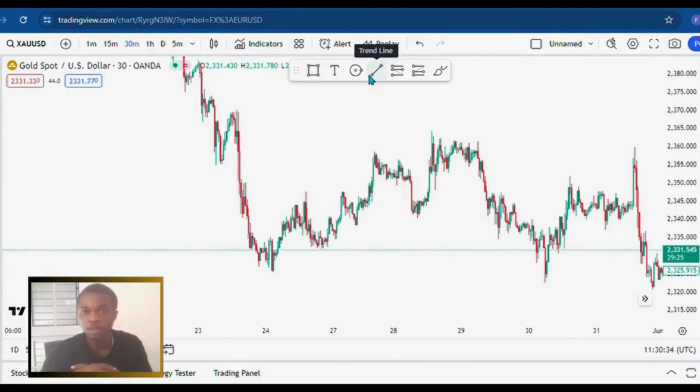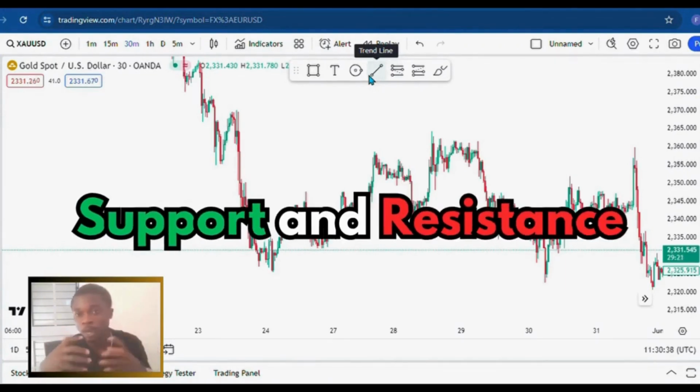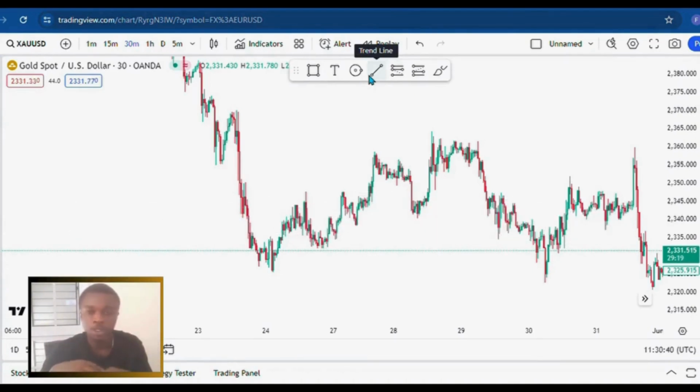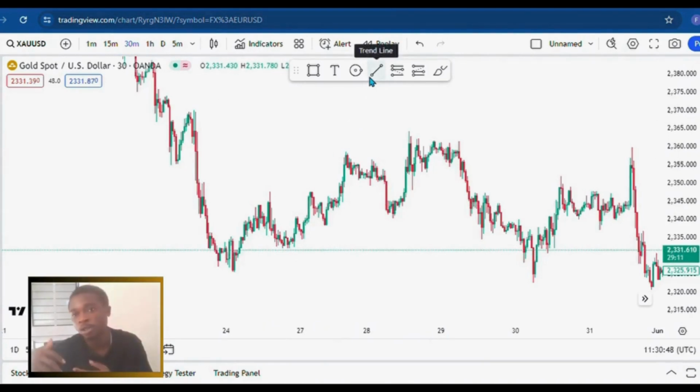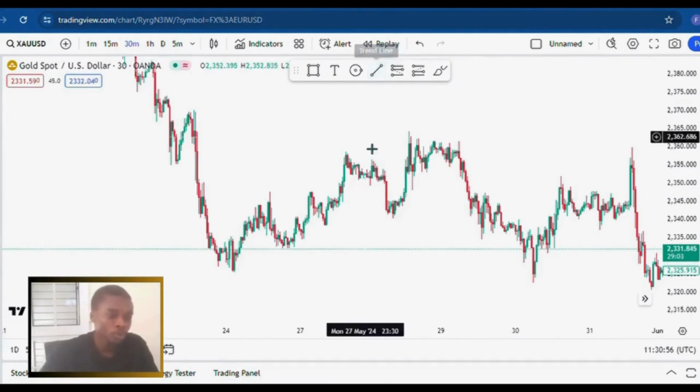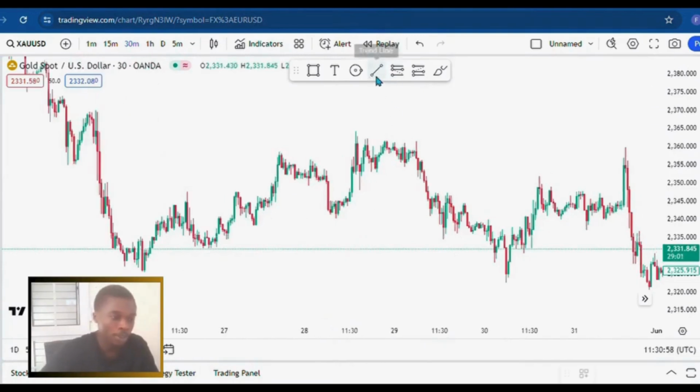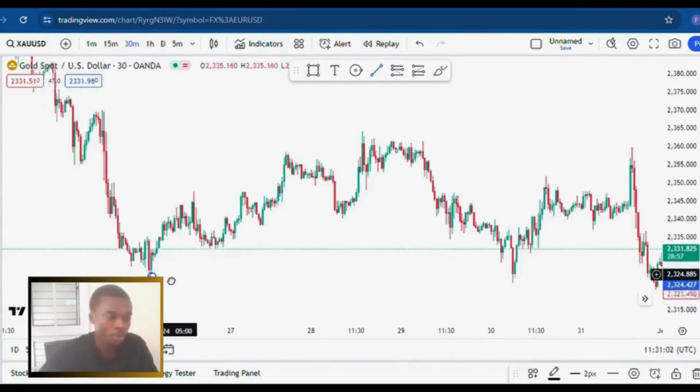So as a day trader, most times the way you trade is by trading support and resistance, expecting the breakouts, and you just trade. Once you see the breakout, you take either a short or a long position, and you just make your profits and you're out of the trade within that same day. That's the way you should be trading as a day trader.